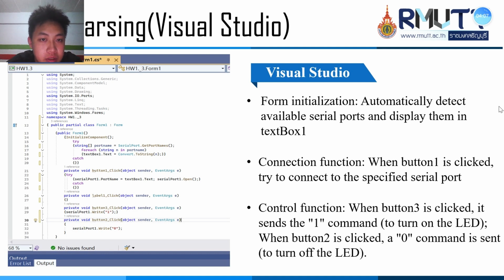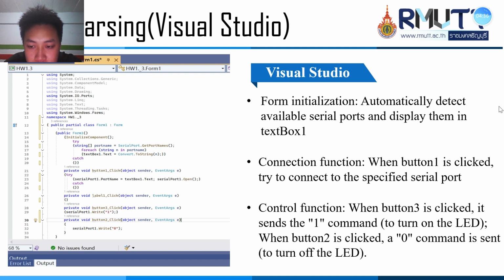Let's see the Visual Studio code. From initialization, automatically detect available serial ports and display them in textbox 1. The connection function: when button 1 is clicked, try to connect to the selected serial port.